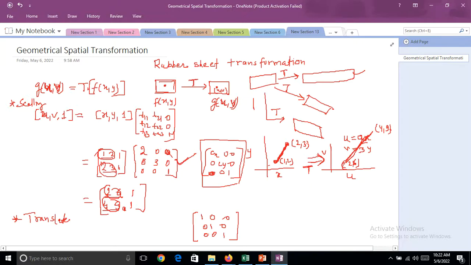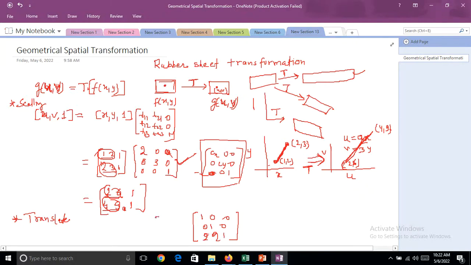So in order to add the translation, only shifting the third row value of the operator, we shall have some value. So let us say here you have 2, and here also you have 2. Means we want to shift along x 2 unit, along y 2 unit.